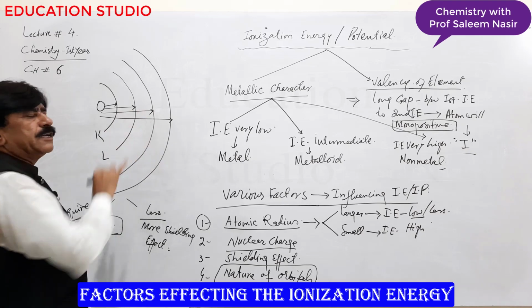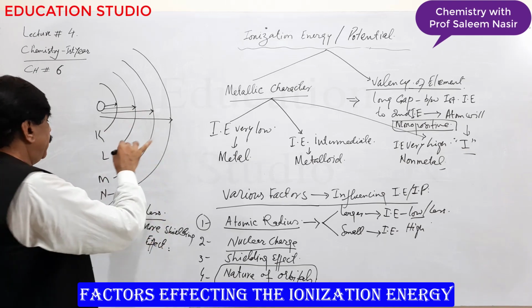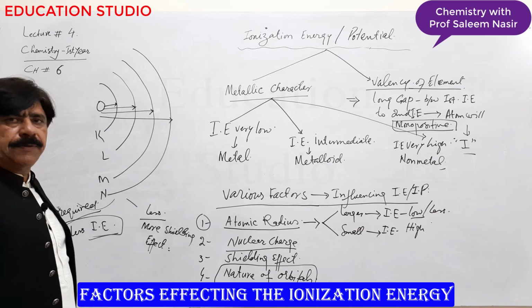Similarly, less energy will be required to remove the electron from the N orbital.